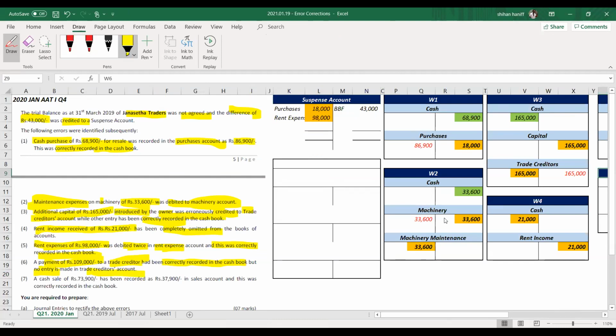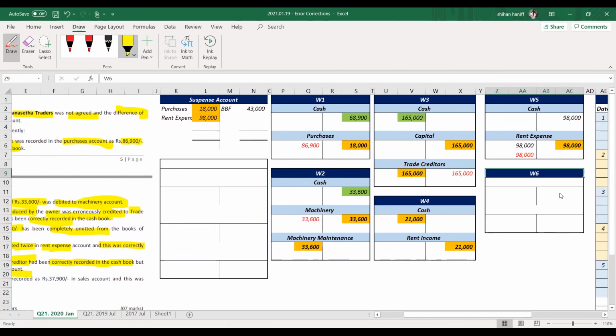So the payment goes to cash book and trade creditors account. Cash book is correctly recorded 109,000, but it was not recorded in the trade creditors account.